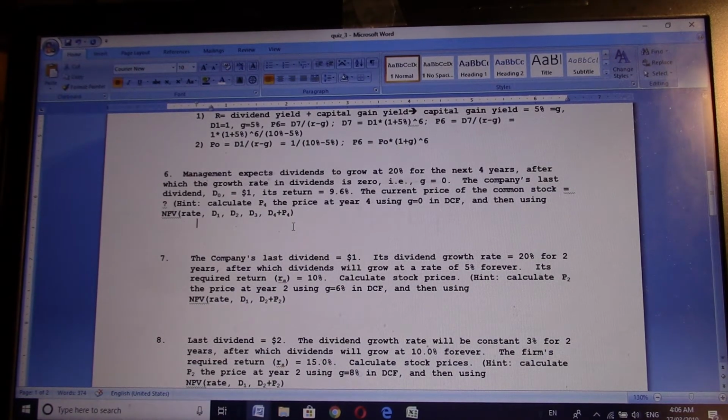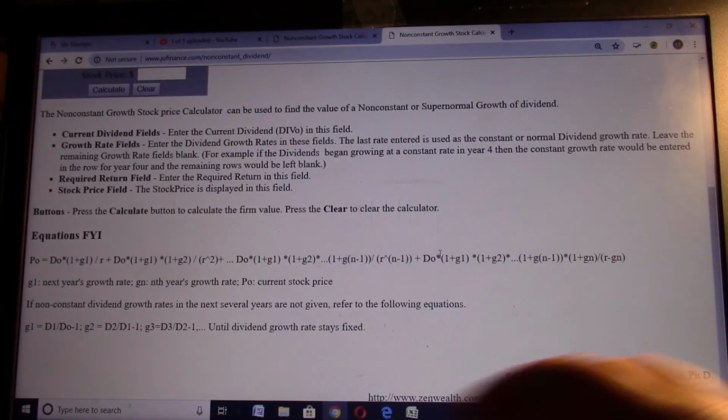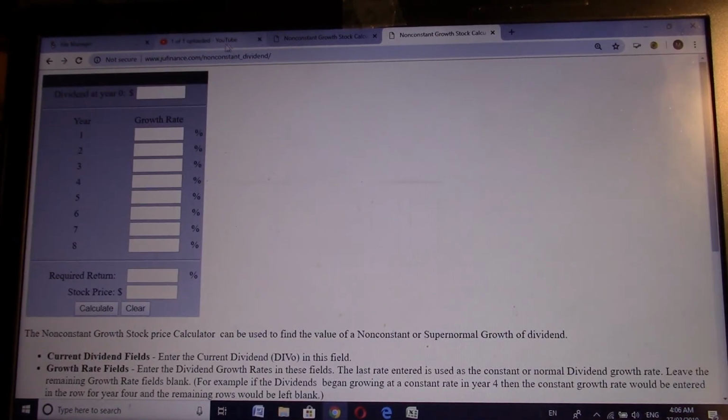Or let's give it a try using that calculator. 20% for 4 years, and then 0% for the years after year 4, and it's $1 for dividend, 9.6% for return. Okay, let's do this. So it's $1.